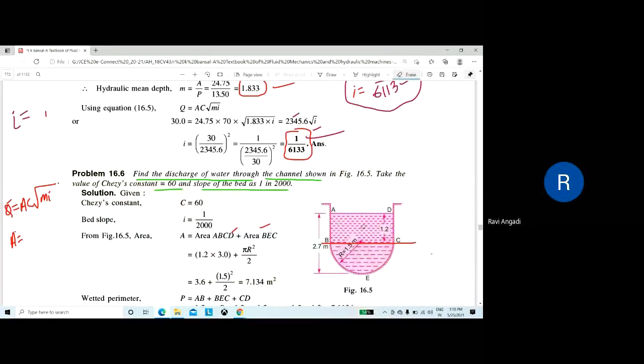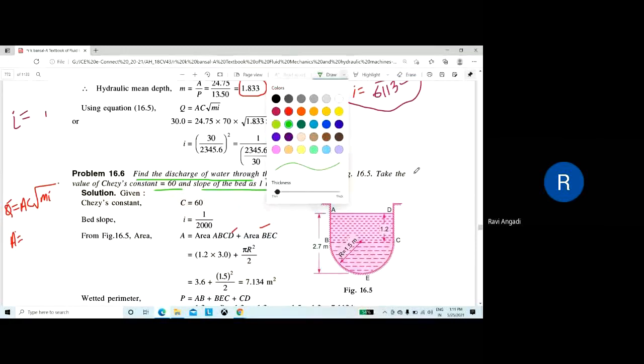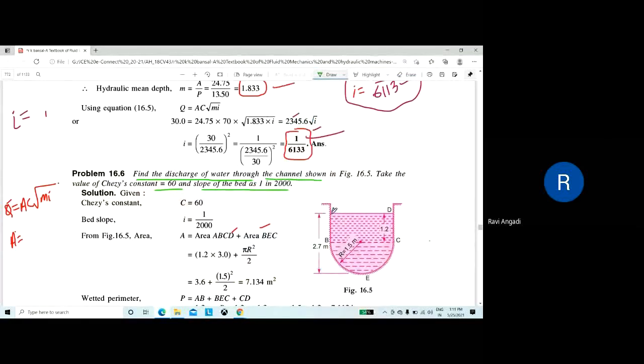Just try this one. Here, what is the wetted perimeter? The wetted perimeter will be AB, then plus BEC, plus CD. So this much is the wetted perimeter, this much is in contact with the water.